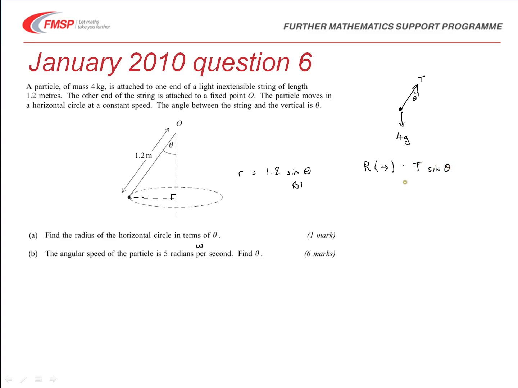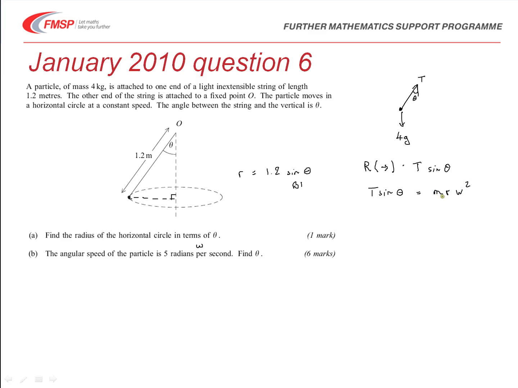Now, given the fact we're in circular motion, we know that that force must be equal to the force required for circular motion, which we know is either given as mv squared over r or as mr omega squared, both of those things being appropriate depending upon the situation and what you are given. Now in this case we're given the angular speed, so we will put this as being equal to mr omega squared.